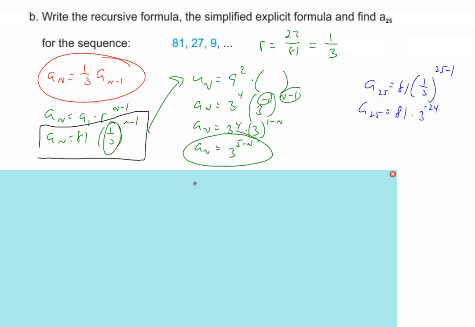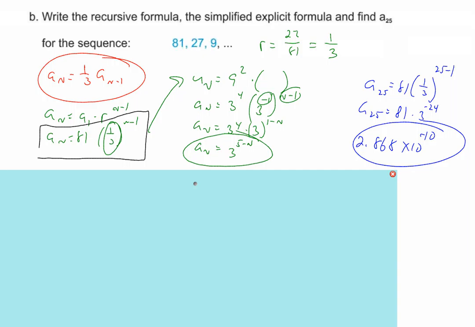Very, very little. 2.868, again, depending on where you're rounding, times 10 to the negative 10th. Okay, really small number, but that's the way this thing is heading.